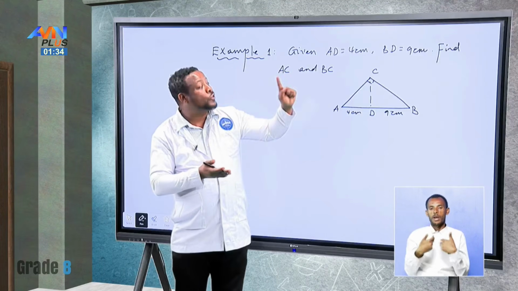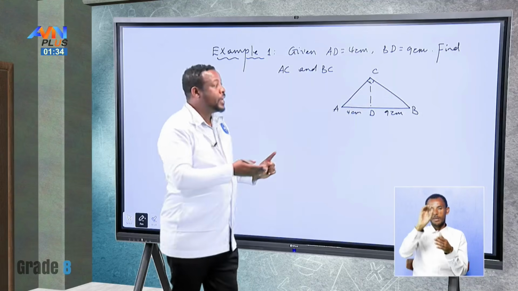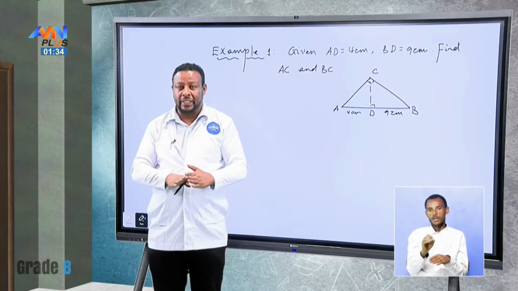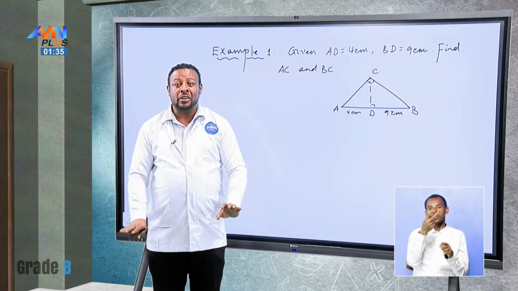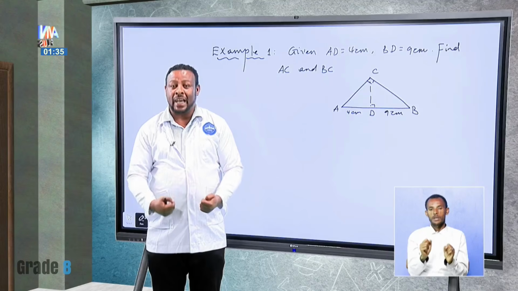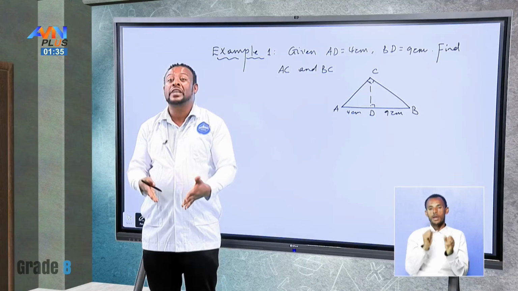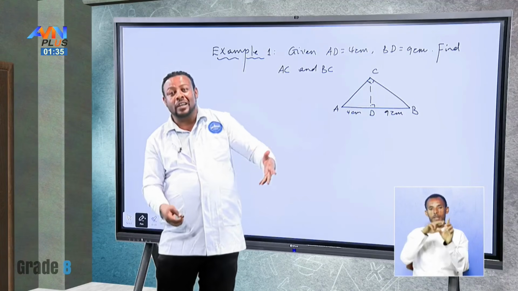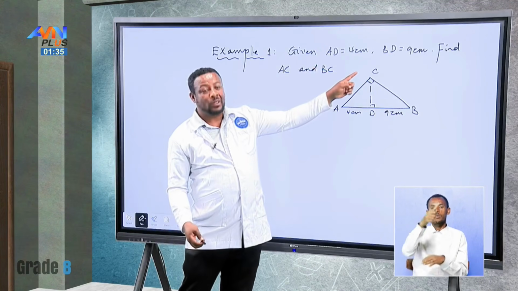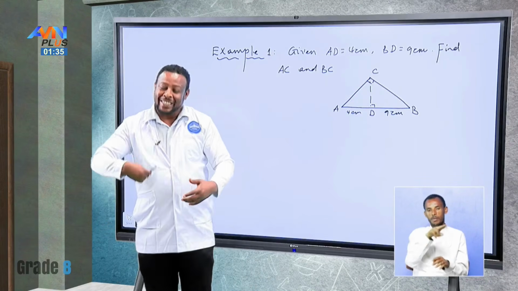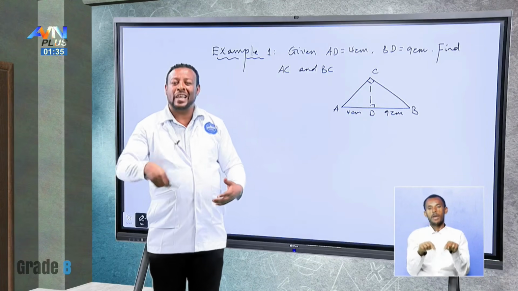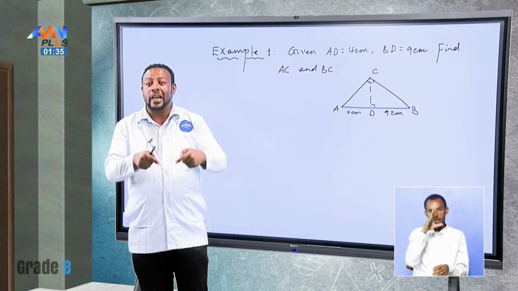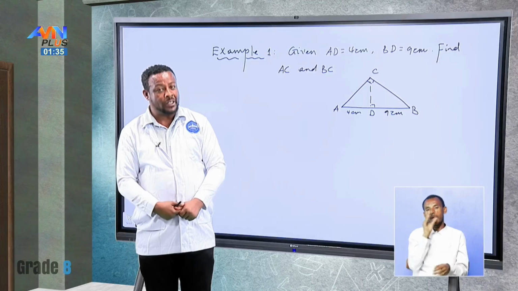Okay, clearly, if you see this figure, the bigger triangle ABC is a right angle triangle, and we have an altitude drawn from 90 degree to the hypotenuse. So whenever you see this picture, we can sense that we can apply the concept of Euclid's theorem, because Euclid's theorem says in a right-angled triangle with an altitude drawn from the 90 degree to the hypotenuse, the square of the length of each leg is equal to the product of the hypotenuse and the adjacent side into which the altitude divides the hypotenuse, right?